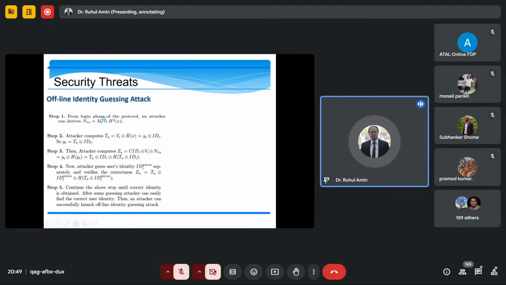For example, from the login phase, if you see that crypto equation, the attacker can compute the value of N1 with the help of MI and H, that means two times the hash function. After computing N1, the attacker can again get the value of TA, and then finally get equations like yi equals TA XOR IDI. The attacker also computes some other parameters based on public and private parameters.